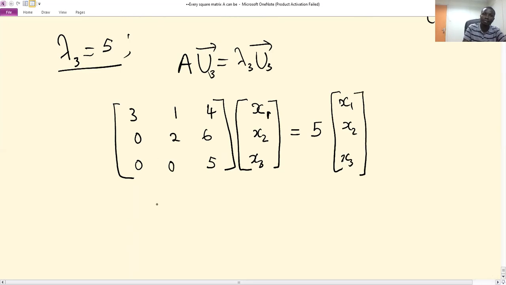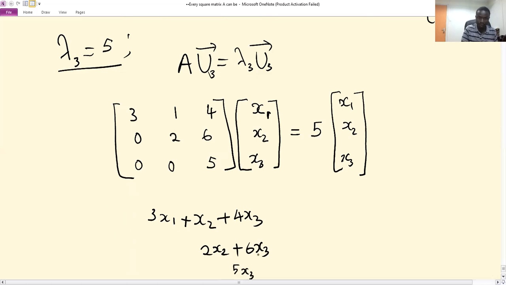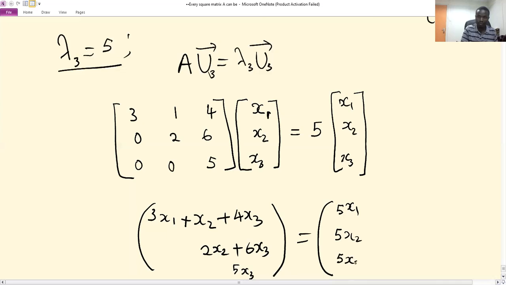And so we'll have 3x1 plus x2 plus 4x3, 2x2 plus 6x3, 5x3 equals 5x1, 5x2, 5x3.